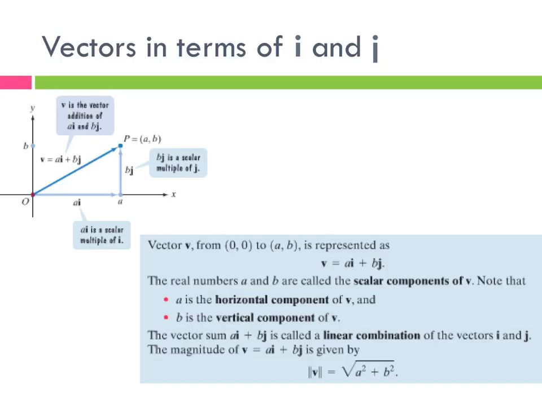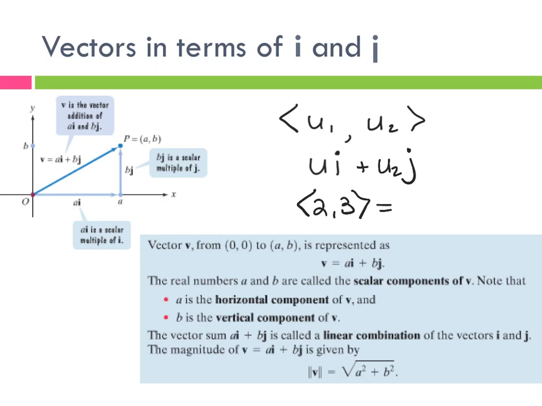Okay, everything we just learned in component form can also be written in something called IJ format. In IJ, the horizontal distance, which is usually the first number, like U1, would go in front of the i, and then the second number, or the vertical distance, would go in front of j. So if I had 2, 3, it's the same thing as saying 2i plus 3j.